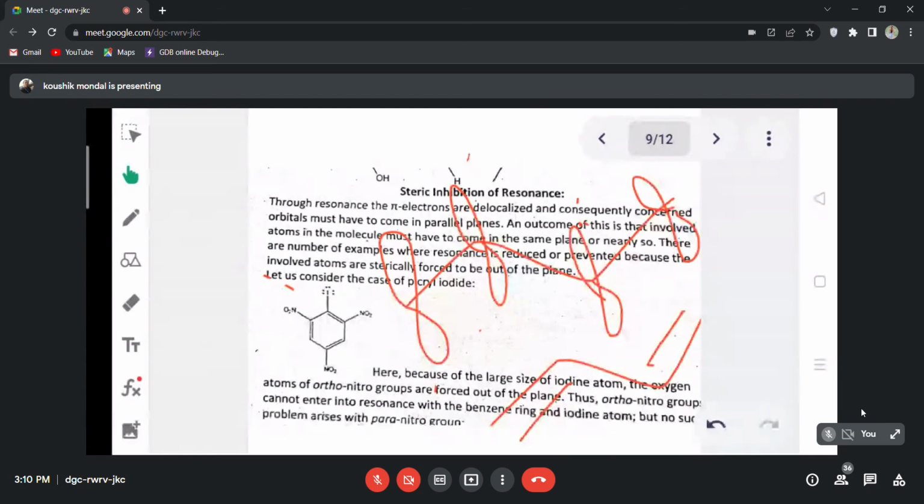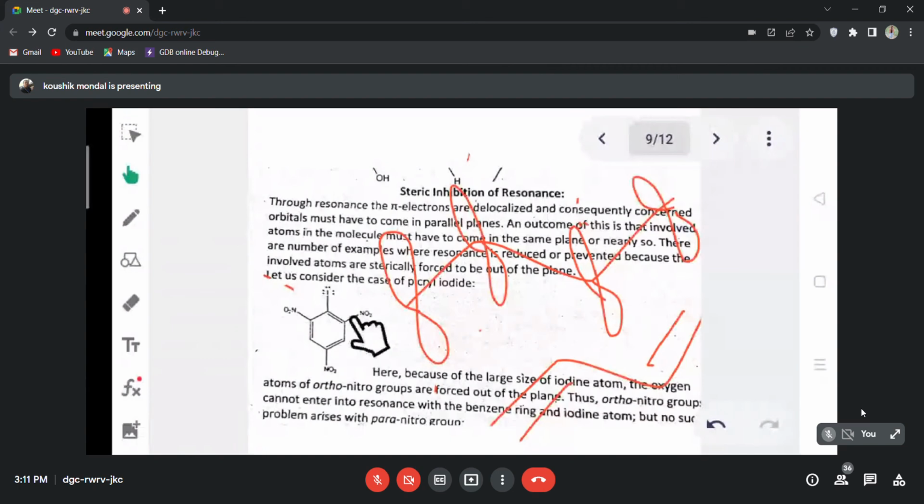Do you have any doubt at this point? If you have any doubt, you can ask. The major criterion for resonance is that all the p orbitals should be in the same plane. So if I want to resonate this NO2 with this phenyl ring, then this NO2 should be in plane with this benzene ring.